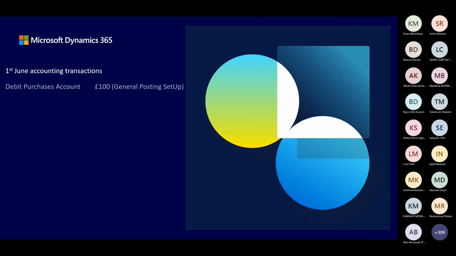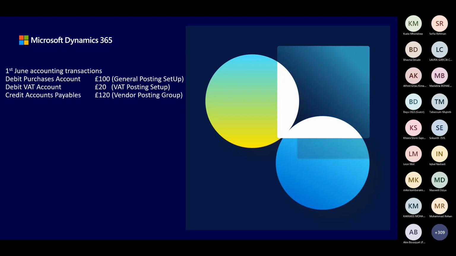In terms of the accounting transaction, it will be debit purchases, which is taken from the general posting setup, debit VAT, which is taken from the VAT posting setup, and credit accounts payables, which will be taken from the vendor posting group.